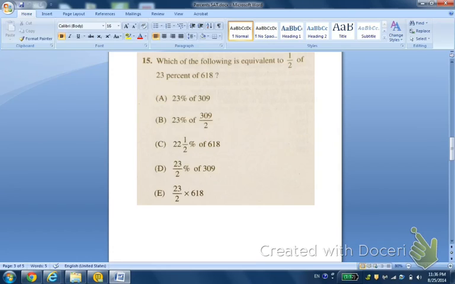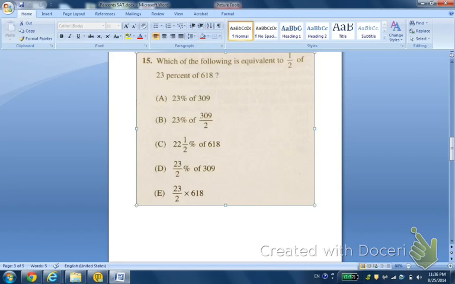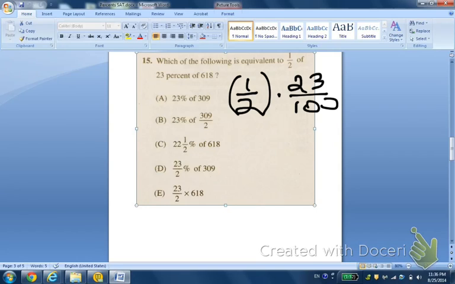So what you can do, you can say, what is a half of 23% of 618.